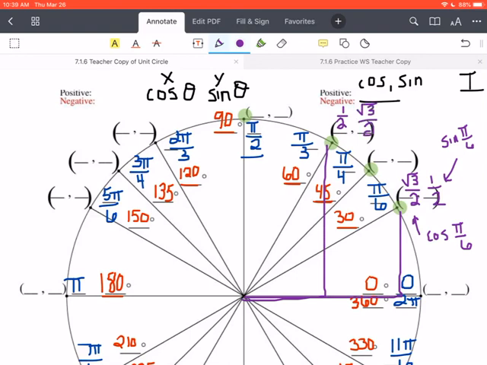In other words, the cosine is 1/2, and the sine is root 3 over 2. Remember, I always say x comes before y, c comes before s in the alphabet. That's how we can memorize. Now let's go ahead and look at our second quadrant.